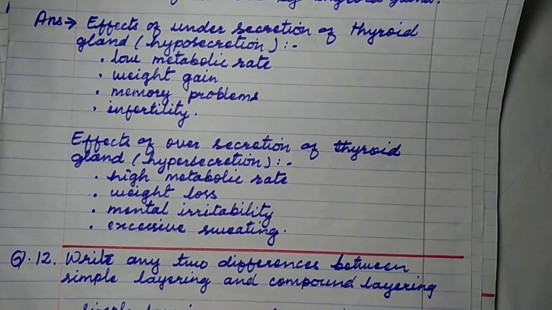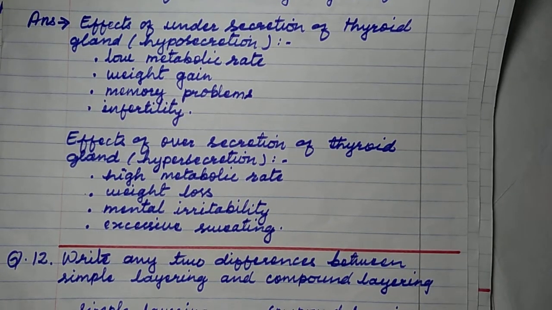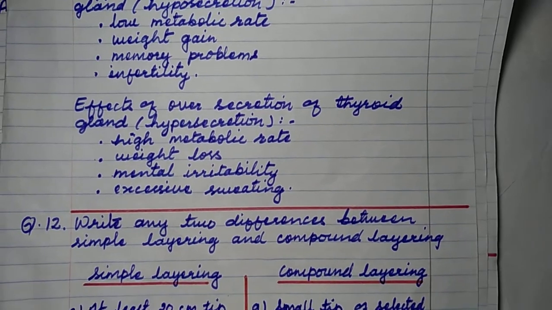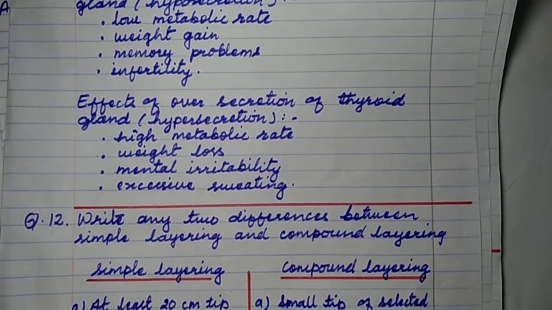Hypersecretion of thyroxine hormone: high metabolic rate, weight loss, reduction in body weight, mental irritability, mental restlessness, excessive sweating. So these are the effects of hyper and hyposecretion of thyroxine hormone.